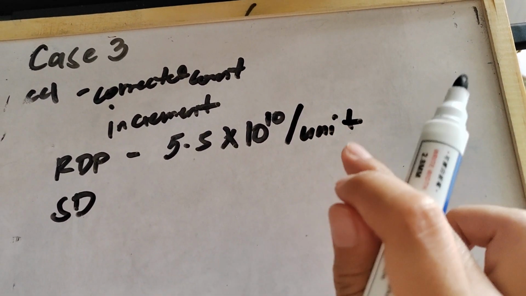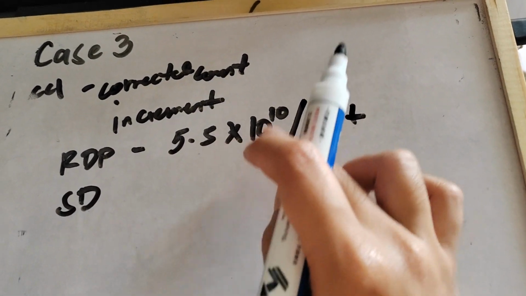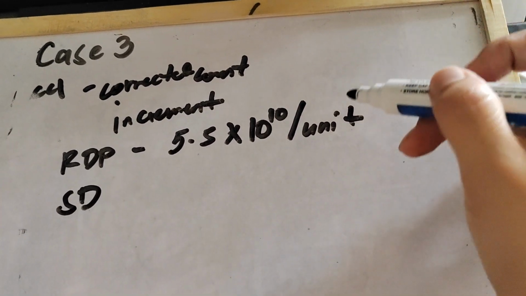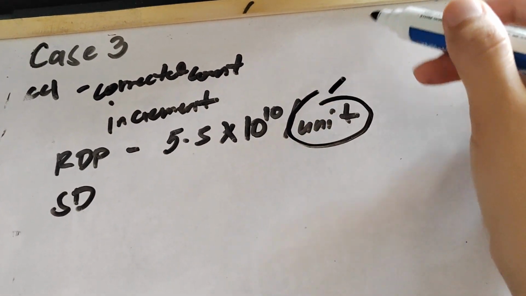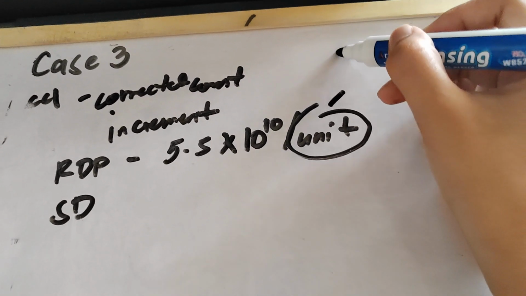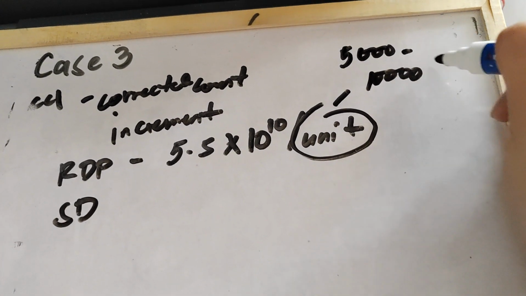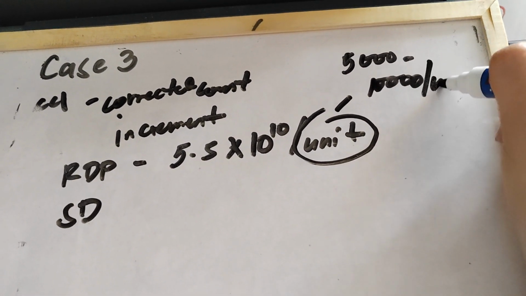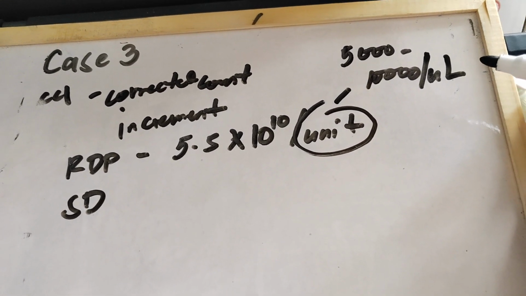So per unit transfused, it adds up to approximately 5.5 times 10 raised to 10 platelets, provided that this unit has approximately 5,000 to 10,000 platelets per UL.